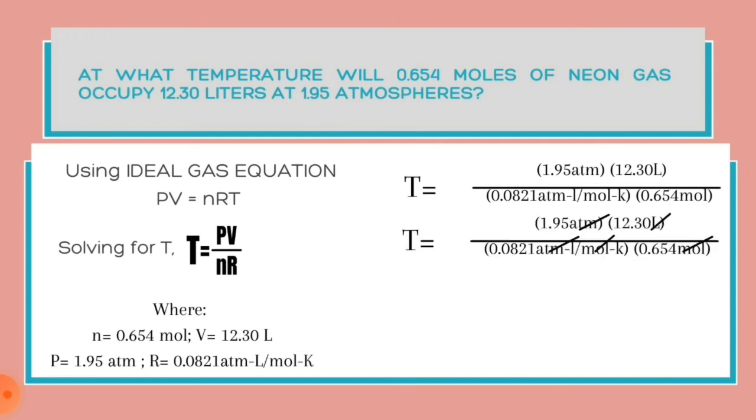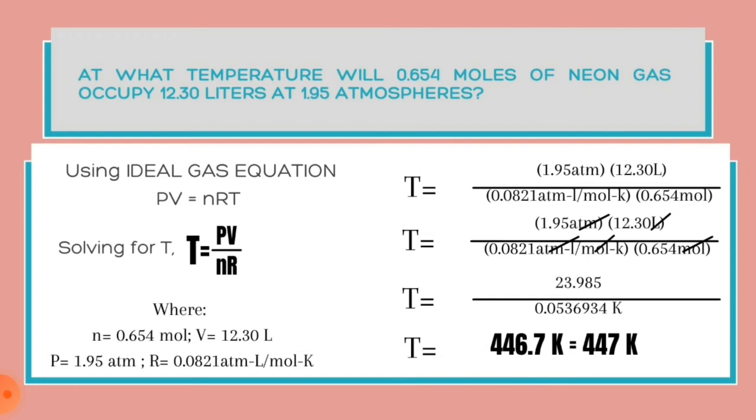Let us cancel the same units. The only unit left is Kelvin. T equals 23.985 over 0.053694 Kelvin. So the answer for this is temperature equals 446.7 Kelvin, or 447 Kelvin.